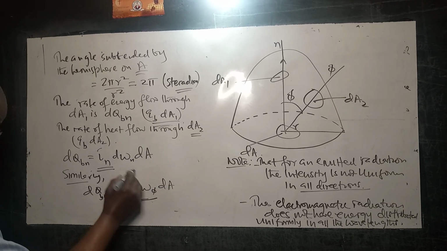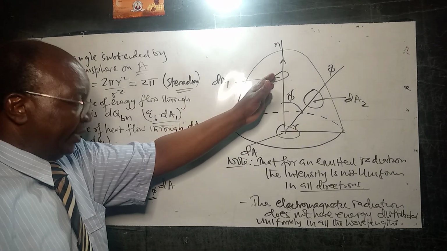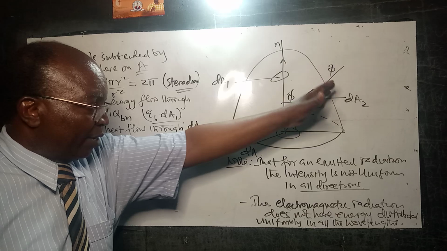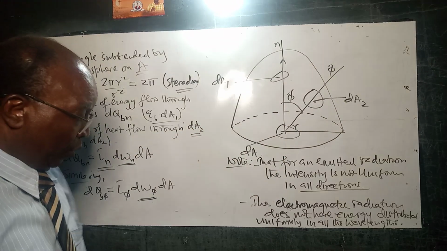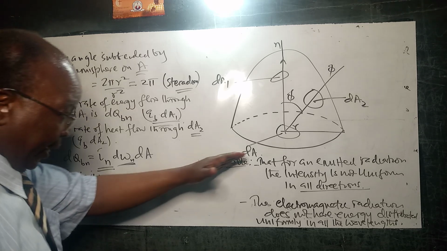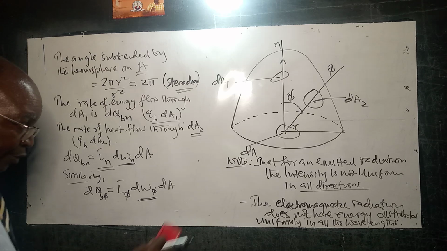Remember, these were the angles subtended by the element dA1 on dA, and the angle subtended by element dA2 on the area element dA. Very important for us to note that.